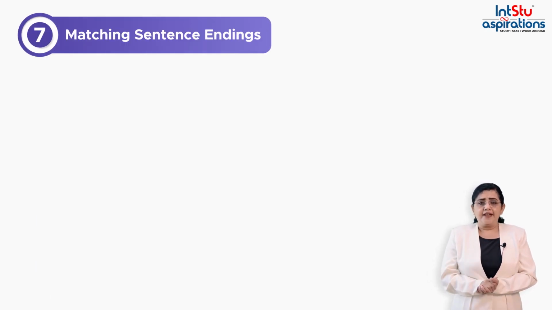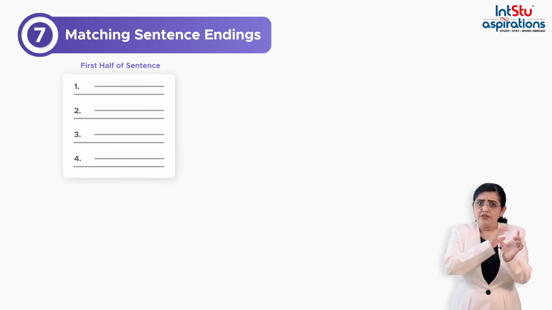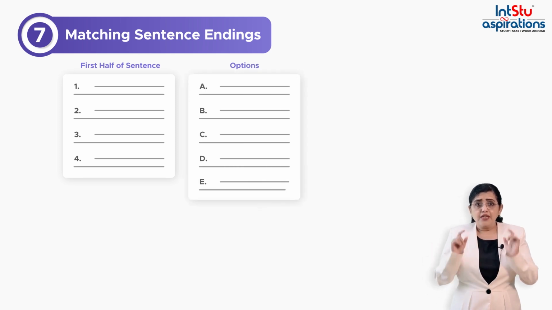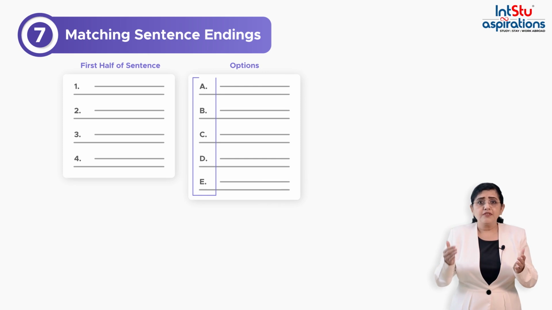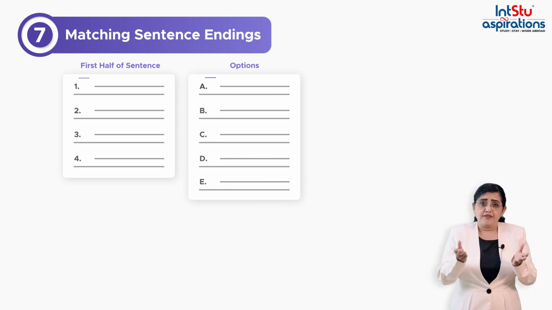Matching sentence endings. Test takers are given the first half of a sentence based on the text and asked to choose the best way to complete it from a list of possible options. They will have more options to choose from and fewer questions in comparison.